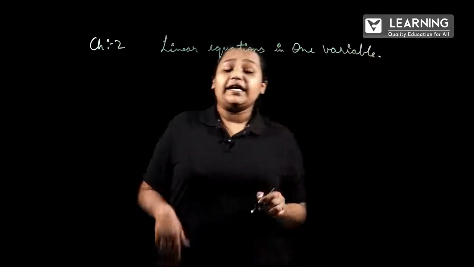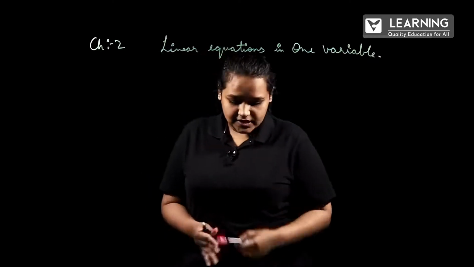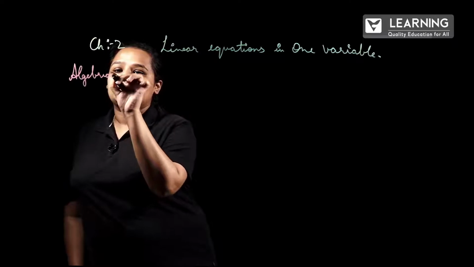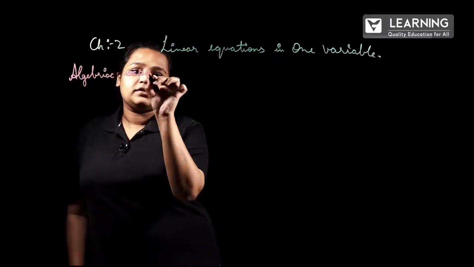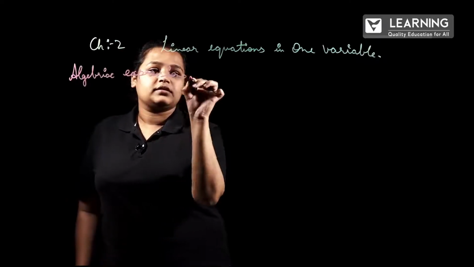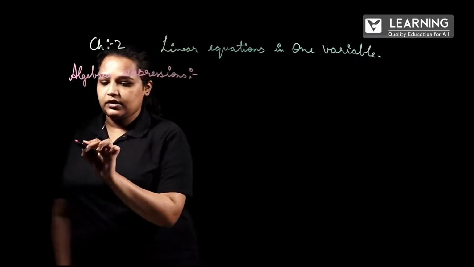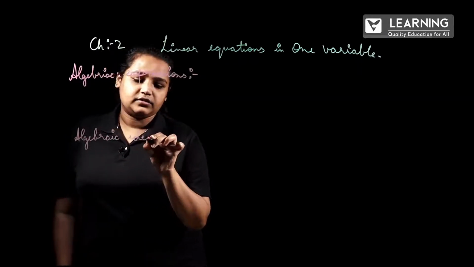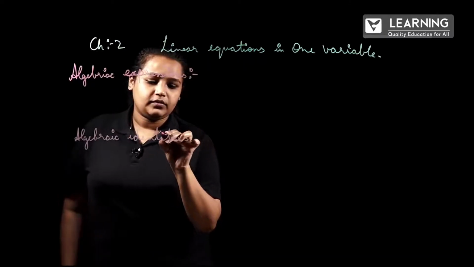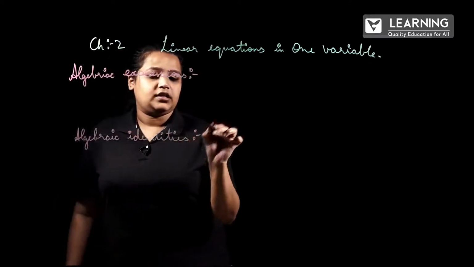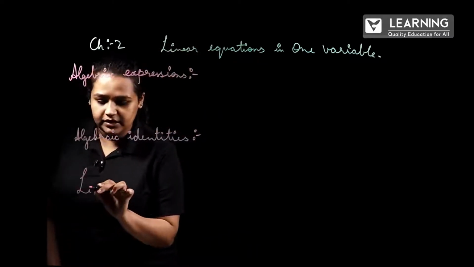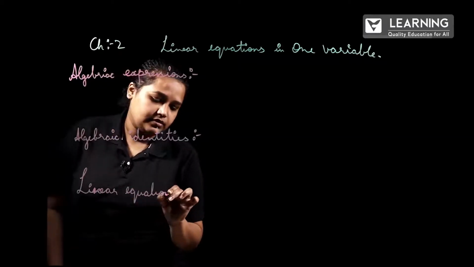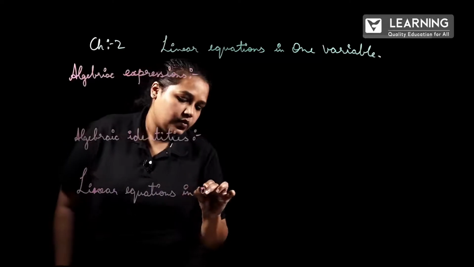So here in the introduction part, what we are going to learn is, we'll be learning about algebraic expressions and algebraic identities. With that, the chapter name, Linear Equations in one variable.